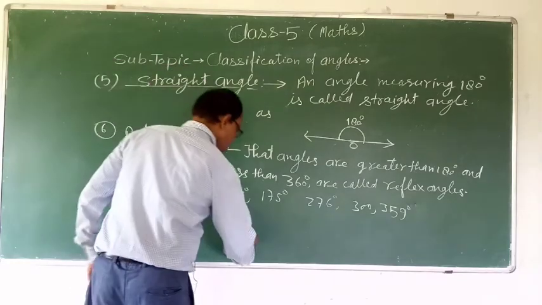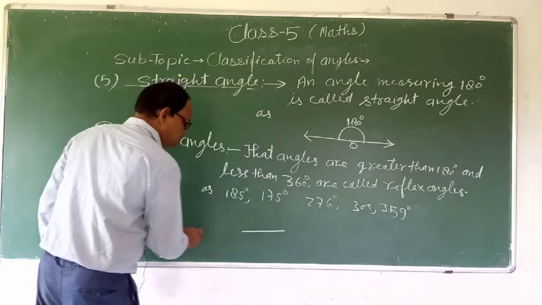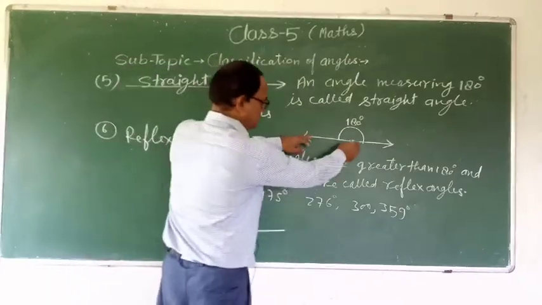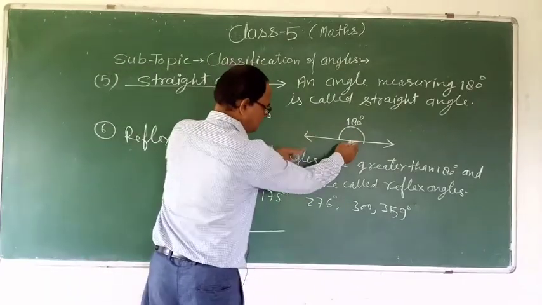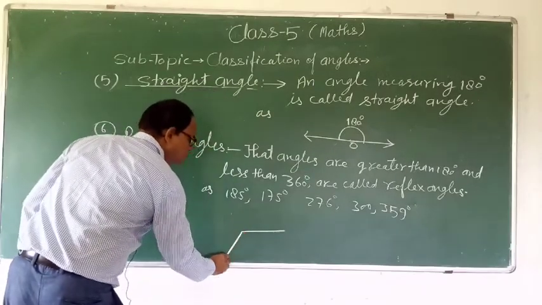The shape of this: here is a straight line at 180 degrees, but here we draw these lines.